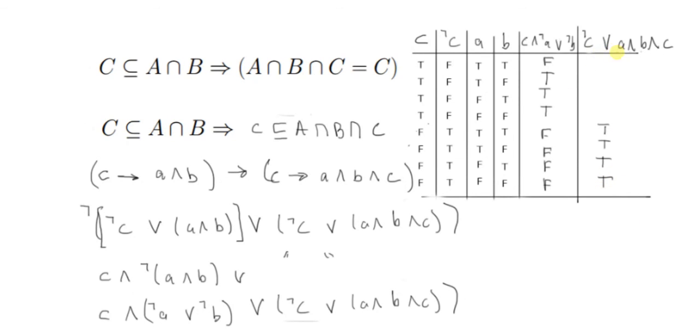And for this, on these ones, none of the not C's are true. So false, false, false, false, so this doesn't work. We have or A and B and C, and here we have A and B and C, and they're all true, so this one is good.